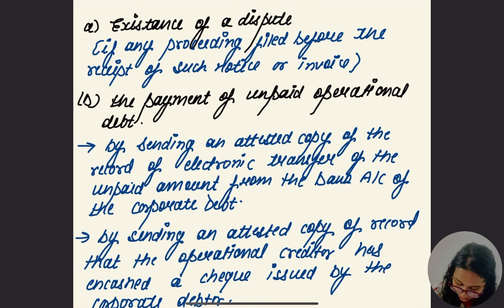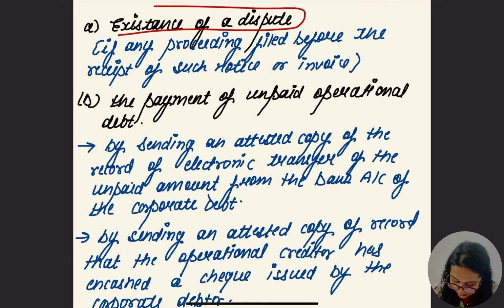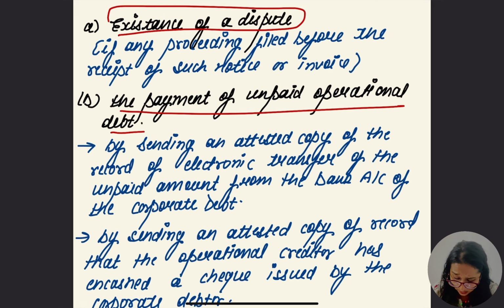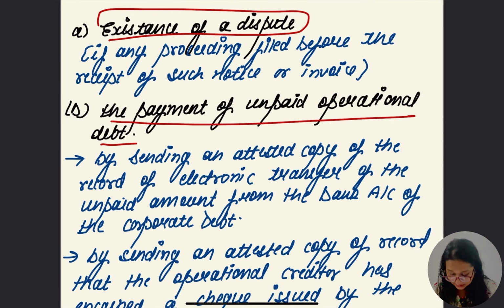Now, one point says about the existence of dispute, and the second point says about payment of the unpaid operational debt. Let me say it again.